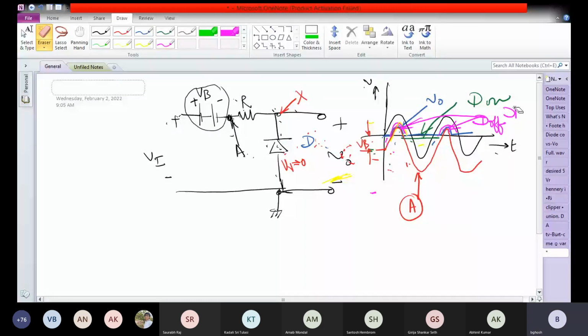Understood? As simple as that. If you understand one, you understand thousands. Okay. Diode D is off, the output voltage follows the voltage at point A, and diode D is on, the output voltage does not fall below zero. As simple as that. Let us continue this idea.